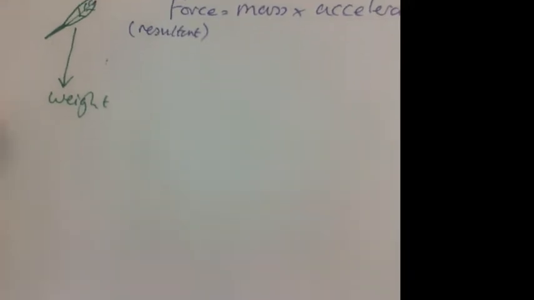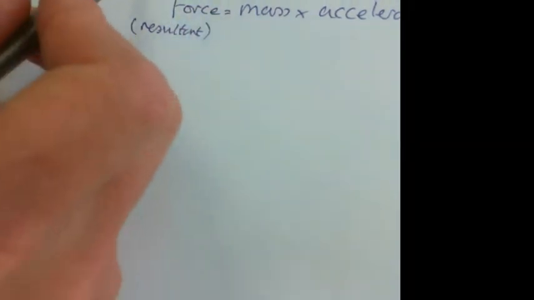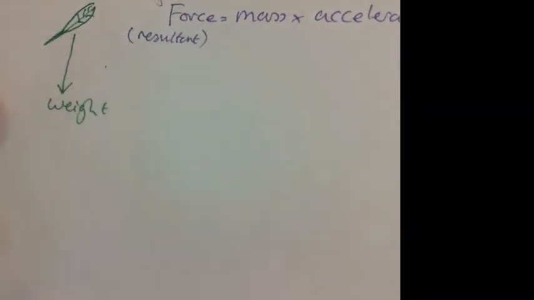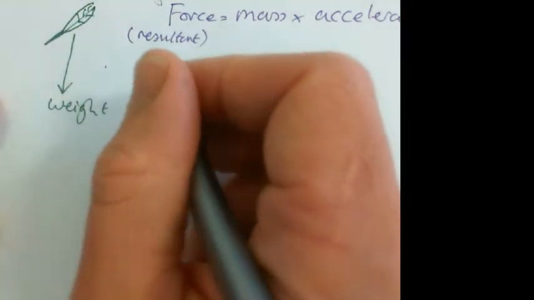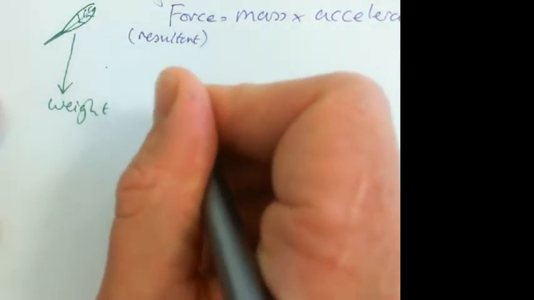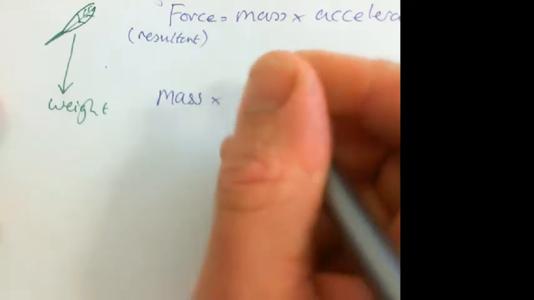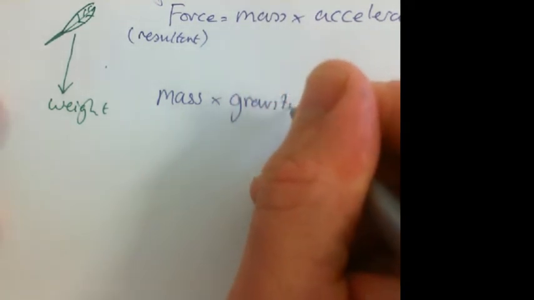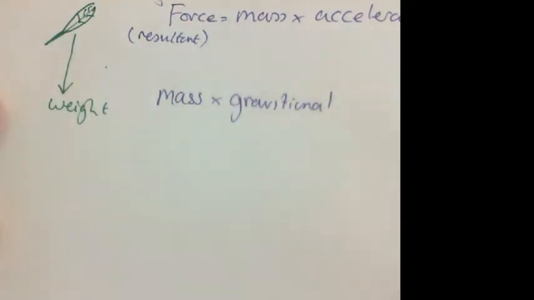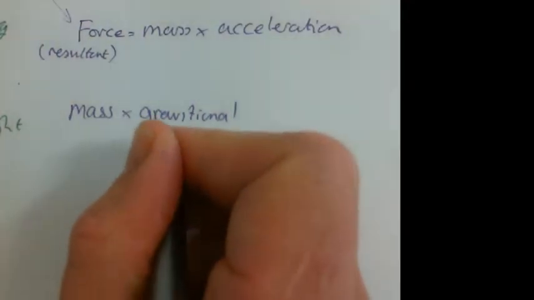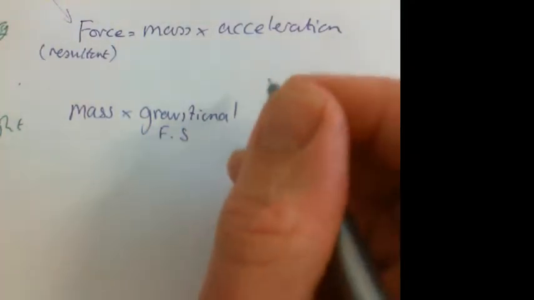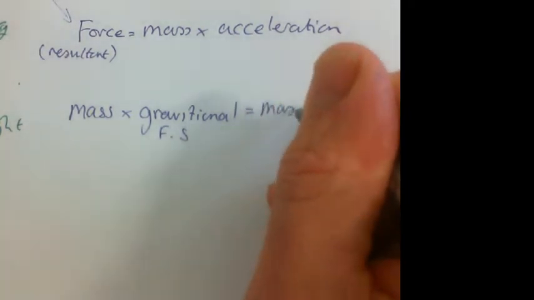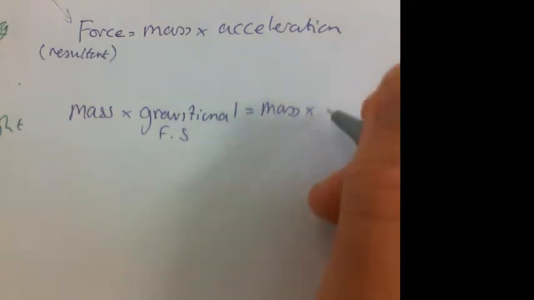So if we know that the weight is the provided force, then we can say that mass times gravitational field strength is equal to mass times acceleration.